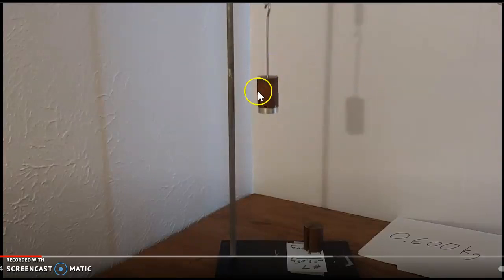But once we get way down to the bottom of our swing, the spring has stretched out enough that we now have a large amount of elastic potential energy, and pretty much all the energy is going to be elastic potential energy at this point. You can think of if this is our height, if we define this as height 0, then all of the energy is elastic potential energy, which means that we can't have any kinetic energy anymore.